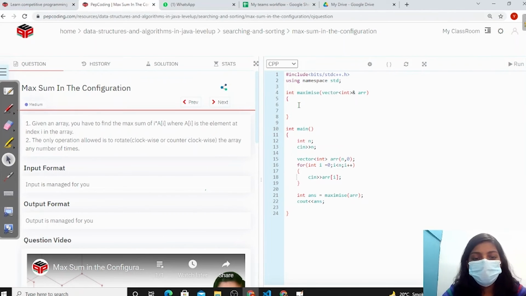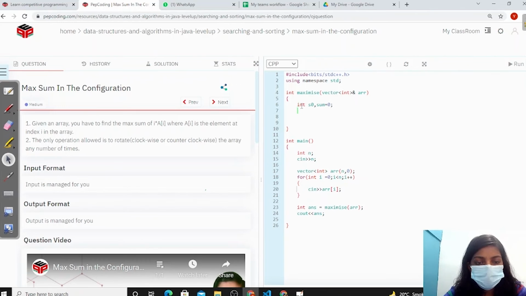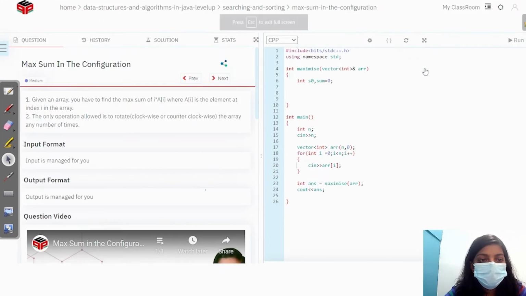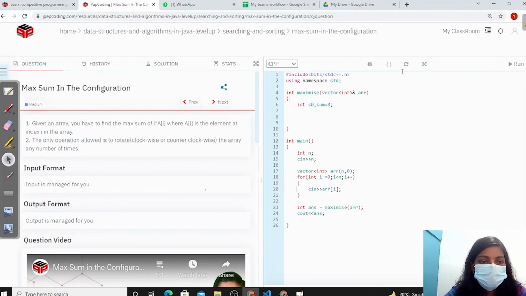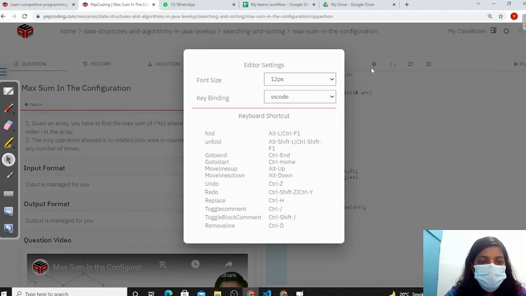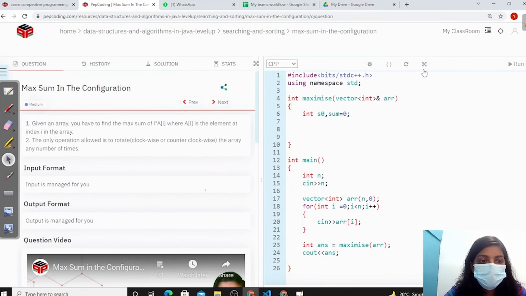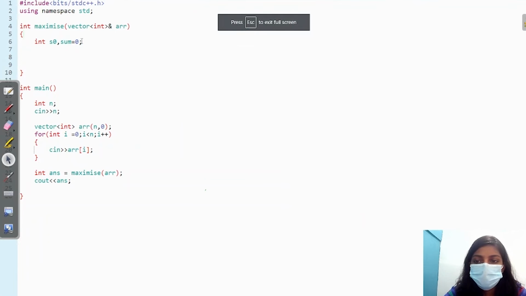Okay, so now we'll be writing the code for our solution. First of all, I will have to calculate S0 and sum. Both are initially equal to 0. First of all, I will be storing my array length in a variable n. So int n is equal to ARR dot size.